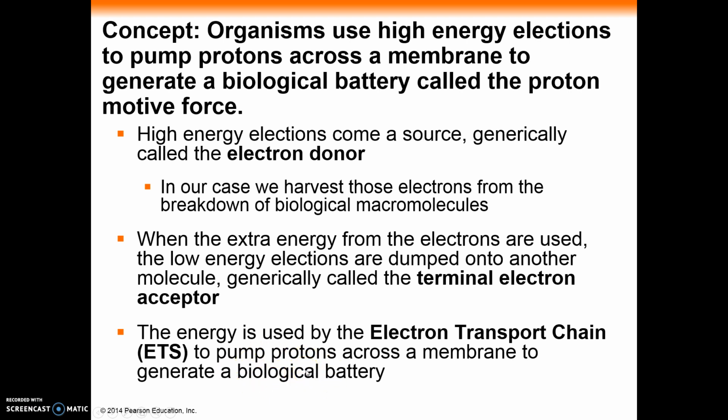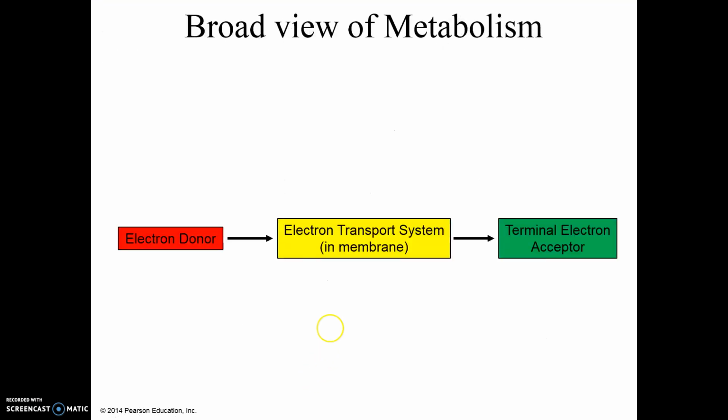So to put this into a graphical representation, here we have an electron donor that is providing electrons to this thing called the electron transport system or chain. This is inherently in a membrane, and you will see why shortly. And then we are putting those electrons onto a terminal electron acceptor.